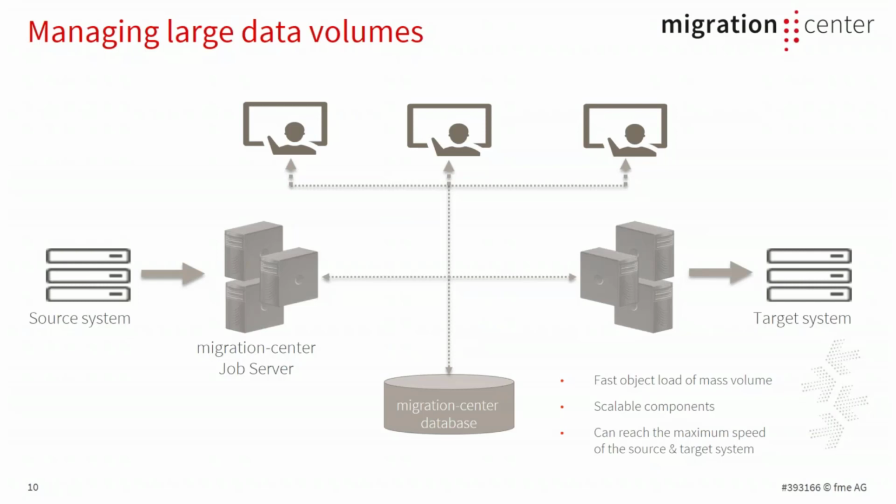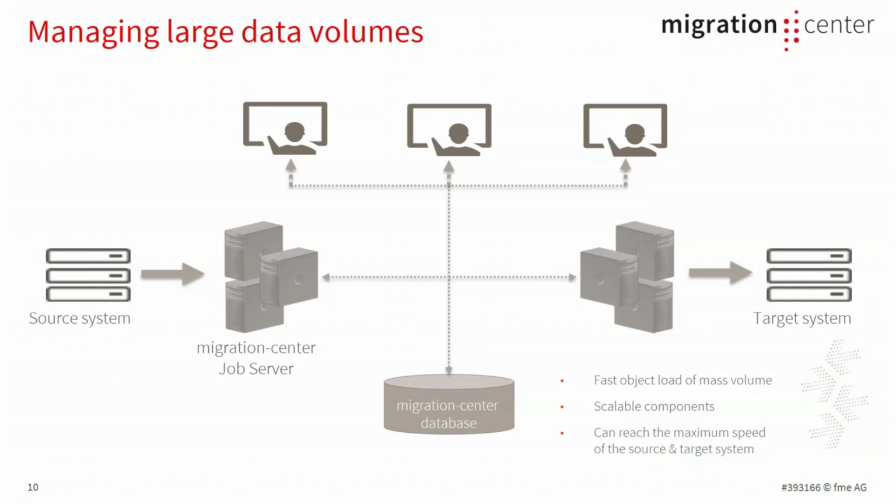We extract content or metadata, in this case only metadata, from the source system into the Migration Center database in the middle, and from there you do transformation and configuration with the client, and then you take the transformed metadata and maybe content from the Migration Center ecosystem, and use the job server to import those into the target system.